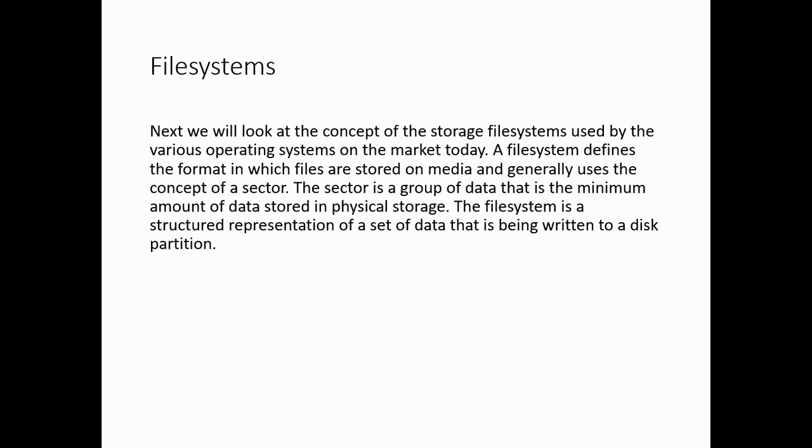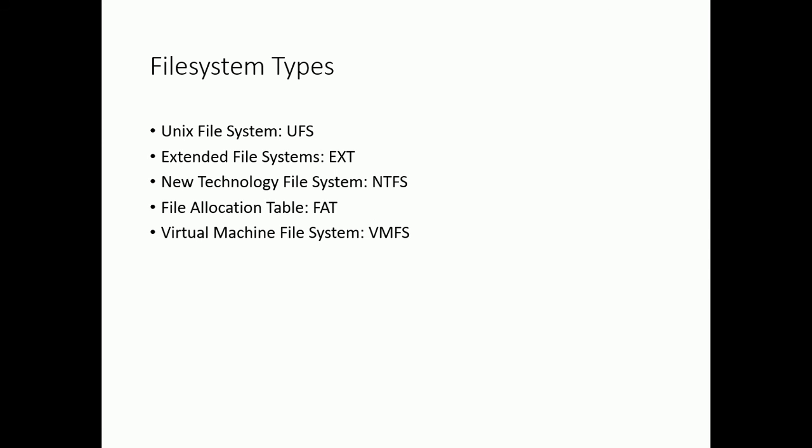Now, the reason I'm telling you this is in the reading they kind of mix this up a little bit. When you look at the reading that I gave you, they have a great explanation of ext. There's various forms of ext, which is a Linux file system and Unix file system. They talk about NTFS, FAT, and VMFS. But when they talk about the Unix file system, it's not actually a file system. It's what I call a superstructure.